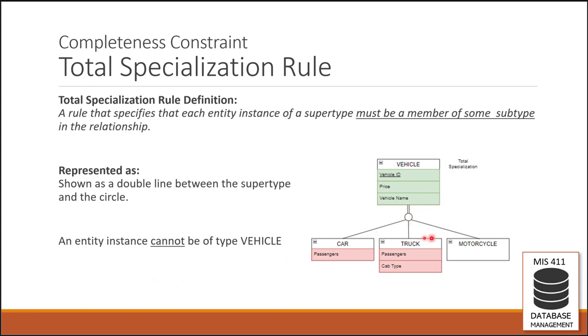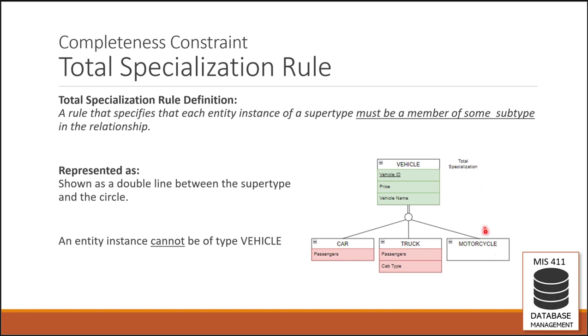And what we see here is, remember how motorcycle, in one of the previous examples, because it had no attributes of its own and no relationships of its own, it essentially was this empty box, right, with no relationship. Now, under total specialization, you still represent this empty box, because every entity instance you have to define as either, that's a vehicle, you have to define it as a car or a truck or a motorcycle.